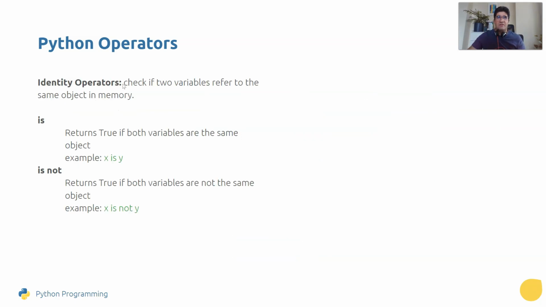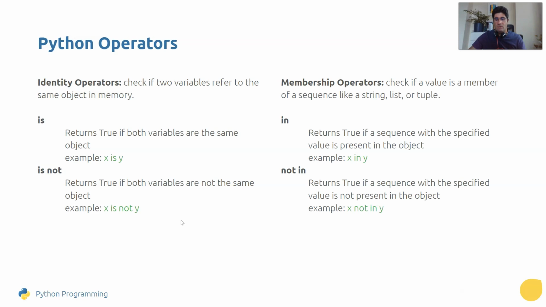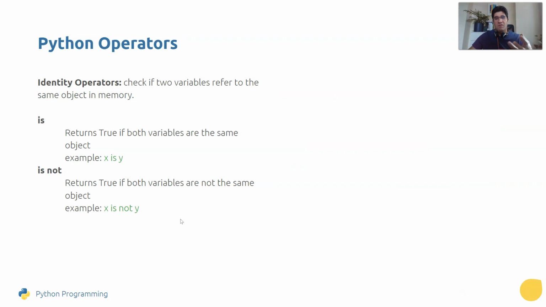Identity operators are really important, especially if you want to check if two variables refer to the same object in memory. When we save values and data in the memory of our system using Python, it assigns a variable, and those variables point to a place in memory.